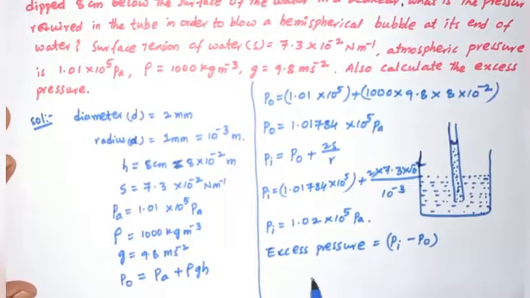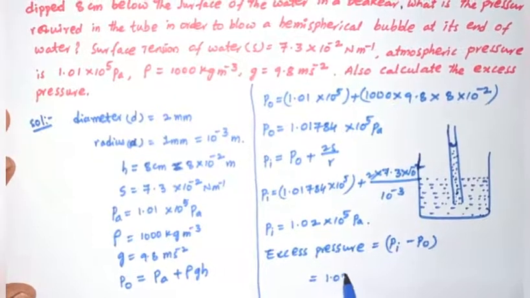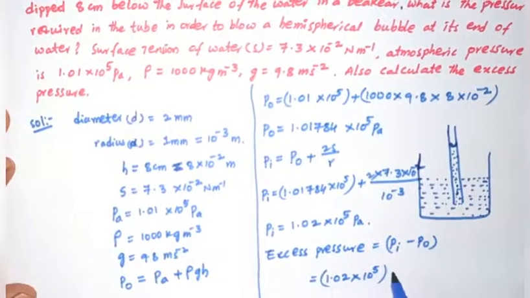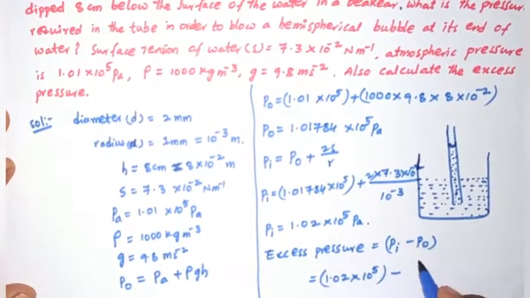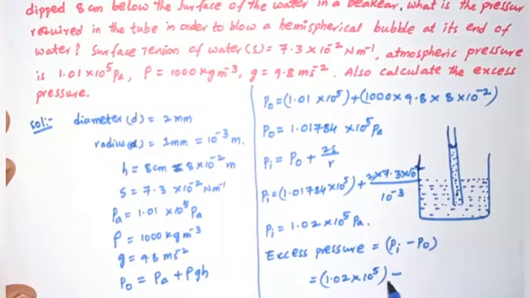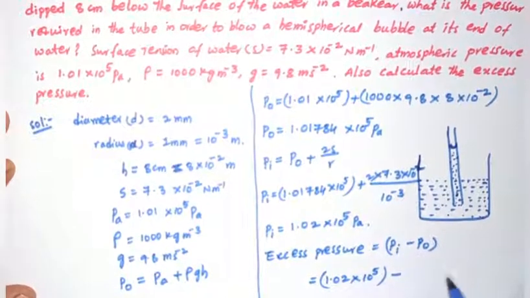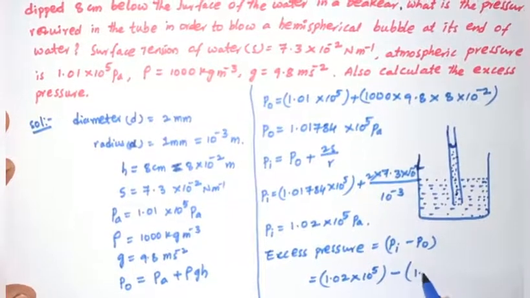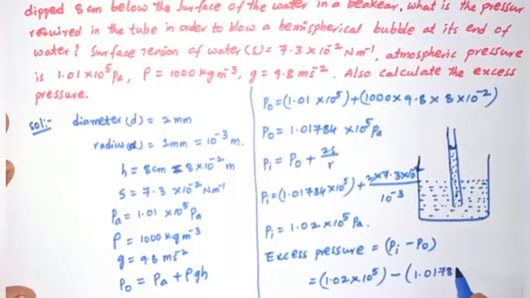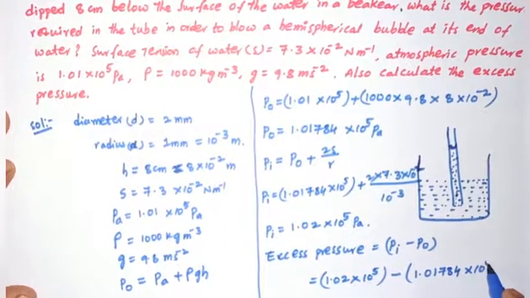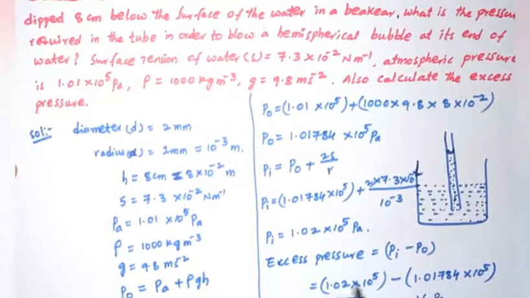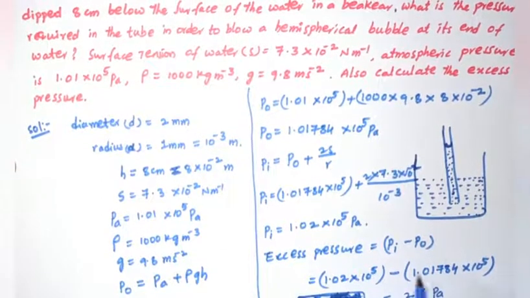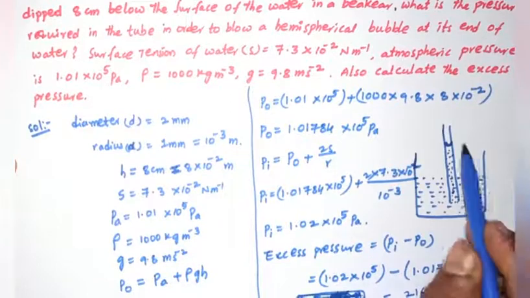PI equals 1.02 into 10 to the power of 5, minus PO equals 1.01784 into 10 to the power of 5. That equals 216 pascals. This is the excess pressure inside the bubble.